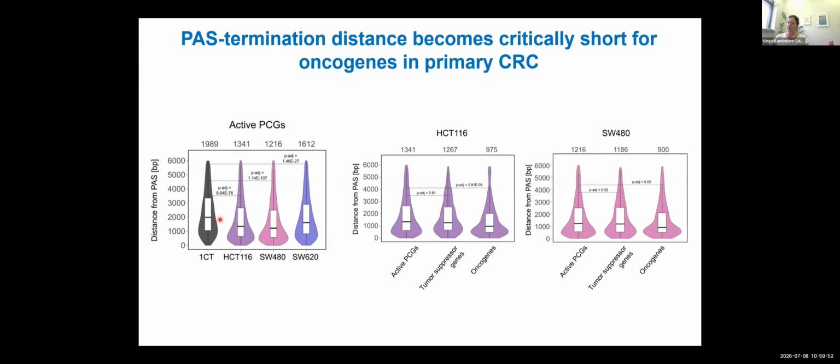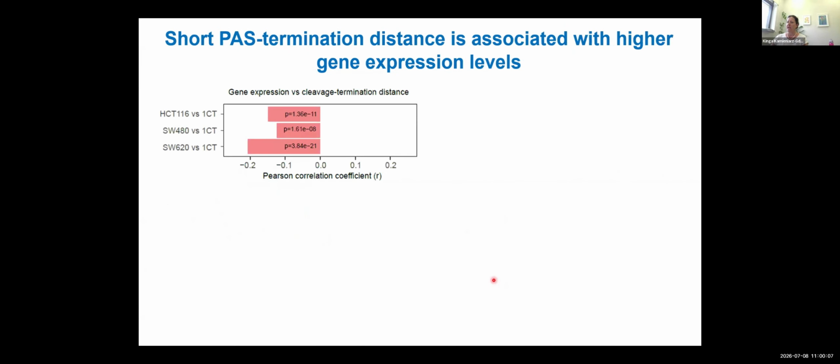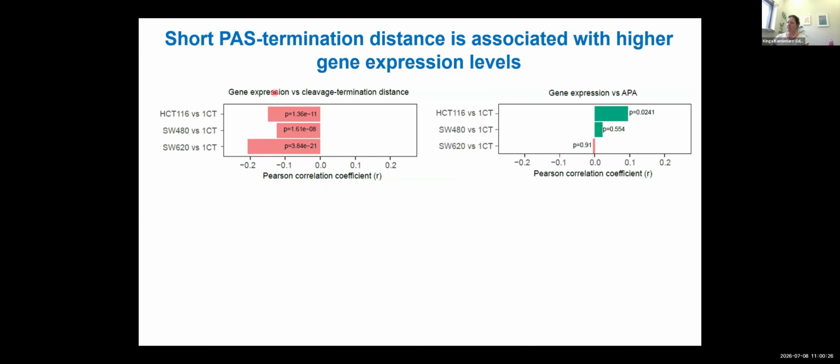So in the end, between the average distance that we see in cells from healthy epithelium and in oncogenes in cancer cells, there's a twofold closer distance. And what we also saw was a mild anticorrelation, mild because the R coefficient is very small, but this is still a significant anticorrelation between gene expression and cleavage-termination distance.